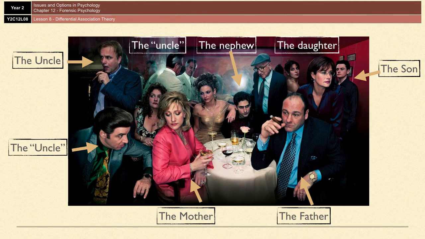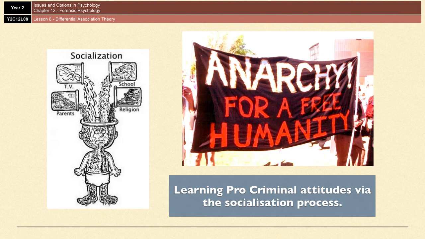Okay, so if you just take back what I was saying earlier about you learning criminal attitudes and criminal behavior, we have this idea that pro-criminal attitudes are actually learned via the socialization process in a family. So socialization into a group or into a family involves being exposed to values and being exposed to attitudes towards the law, so pro and or anti-criminal. Obviously, there's a lot of other socialization that goes on as well, but that is a part of it.